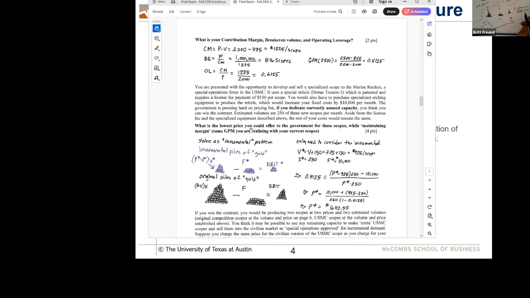Do I know what the EBIT is? Minus F plus P minus V. So it's minus F star, the new F, plus the new price minus the new variable cost times the new volume, divided by the new price times the new volume, has to still be equal to the 0.4125.